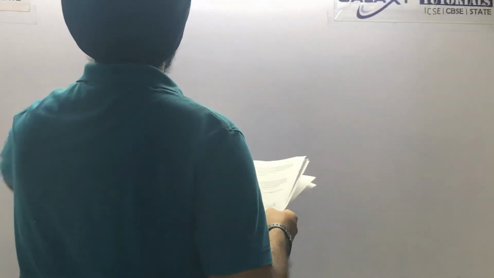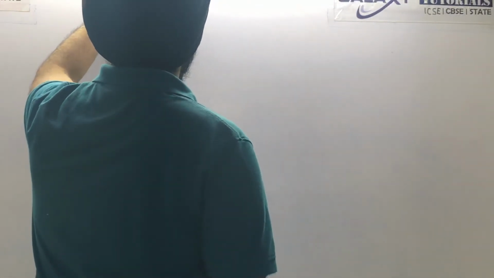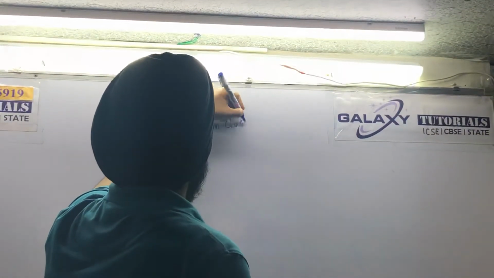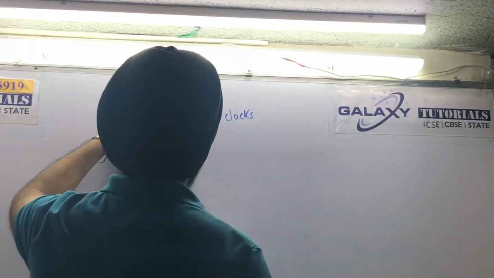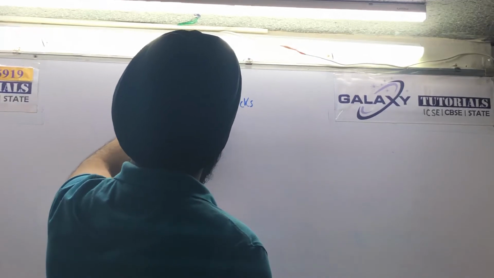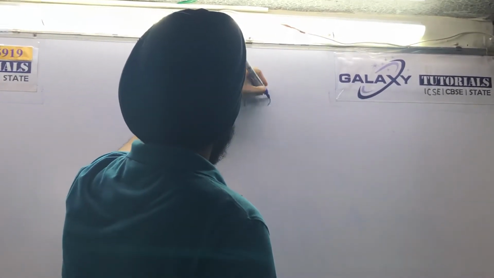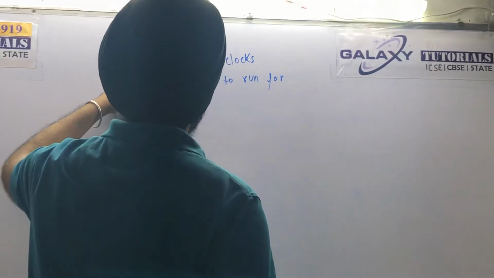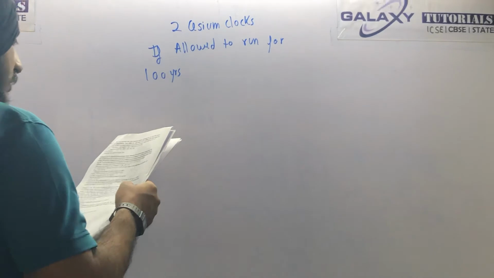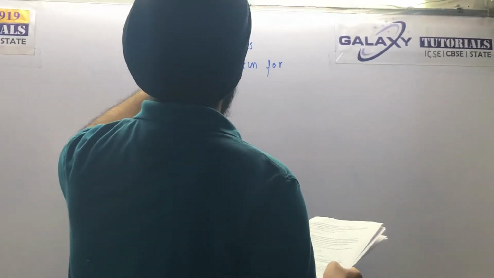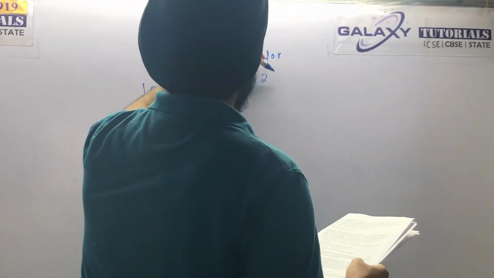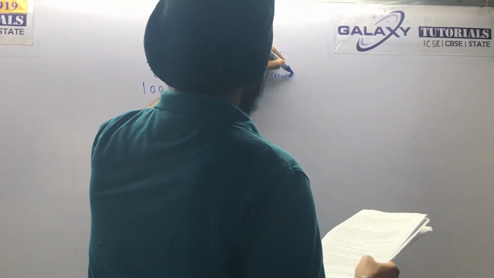So there are two cesium clocks, allowed to run for 100 years, and they differ by 0.2 seconds.